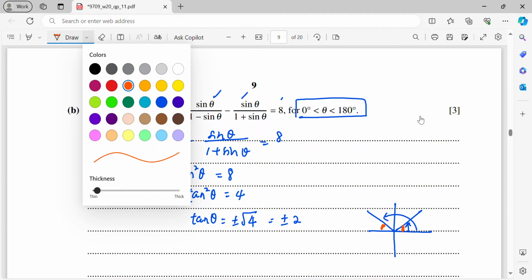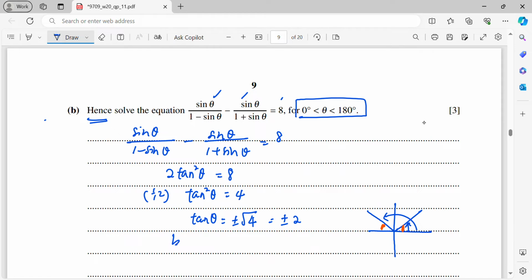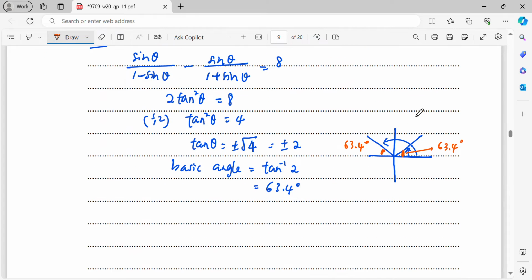So I have to find out what my basic angle is. The basic angle will be the orange color. That is inverse tangent 2. I will just take a positive value, and you will be getting 63.4 degrees. So this orange color is 63.4 degrees. Now my actual angles will be the blue color.